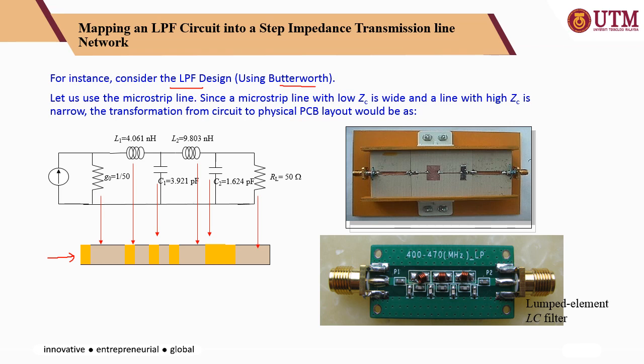Perform the simulation to check whether the filter performance is as required or not. And if everything is okay, then you may fabricate it before the final production. Here is the transformation from circuit to physical PCB layout.